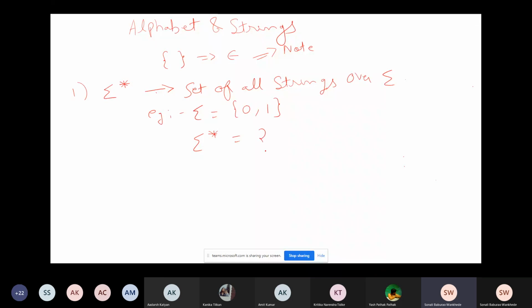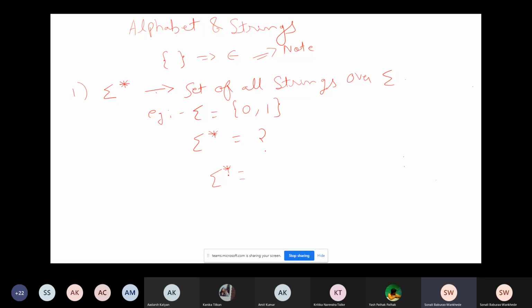What will be the value of sigma star? The definition of sigma star is the set of all strings over an alphabet sigma. We have an alphabet sigma as 0, comma 1 in the question. Now we are interested in computing the set of all strings which is present in this alphabet sigma. So what will be my answer here?